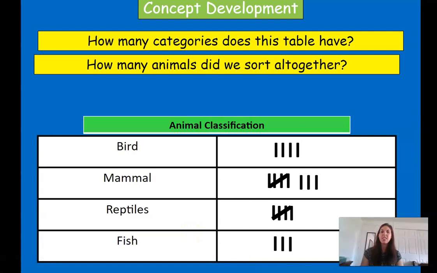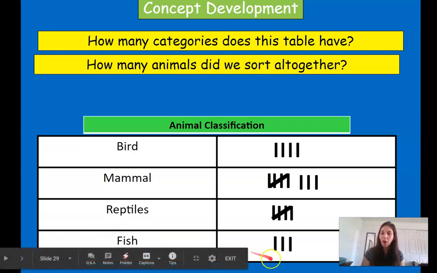How many animals did we sort all together? How am I going to figure that out? What do I need to do if I want to know how many animals we have all together? Oh, I know. We need to add all of our numbers together.